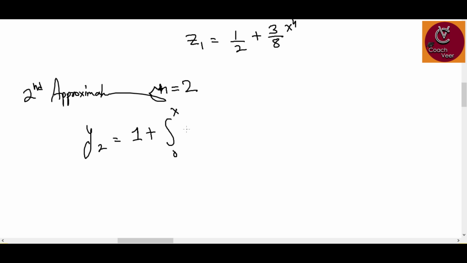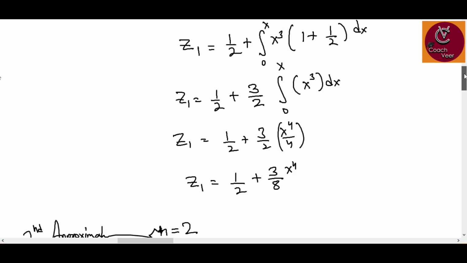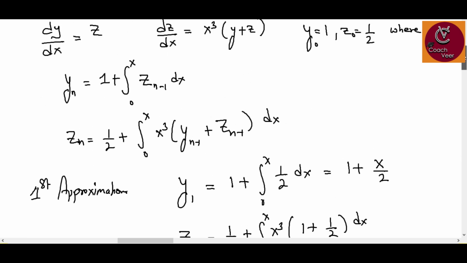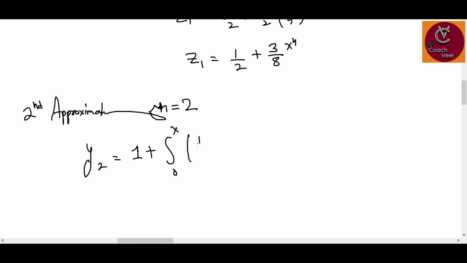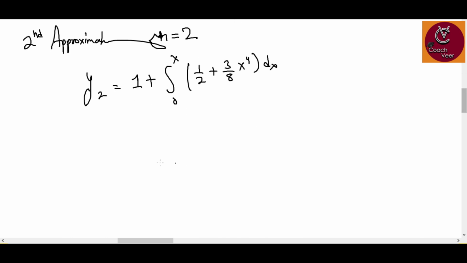You can see it here, y is z, the z of n minus 1. So z of n minus 1 is this whole expression, 1 by 2 plus 3 by 8 x to the power 4 dx, and when you integrate this, you are going to get y2 equals 1 plus 1 by 2 x plus 3 by 40 x to the power 5.